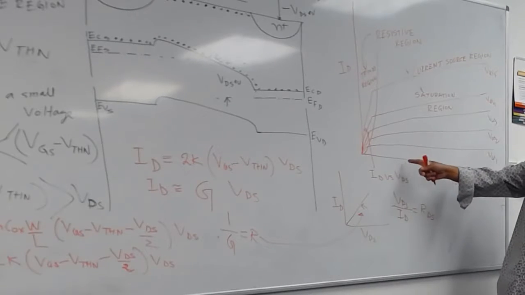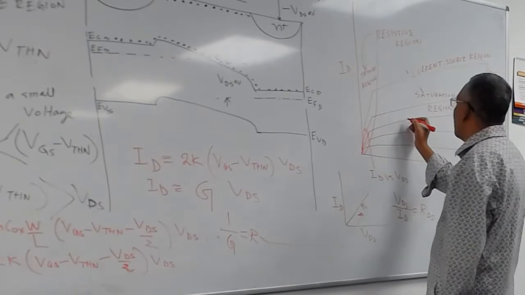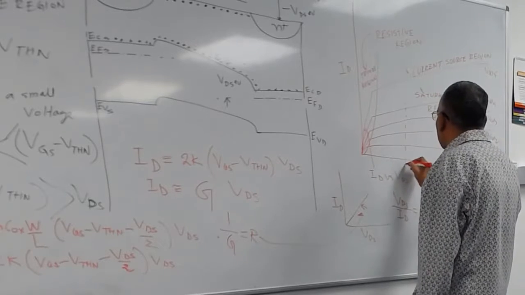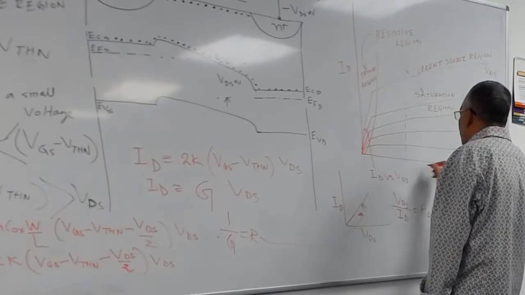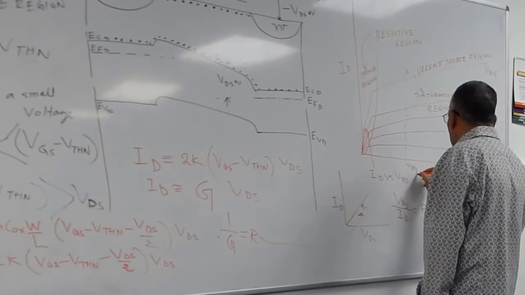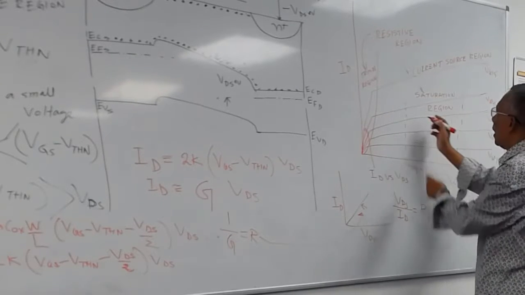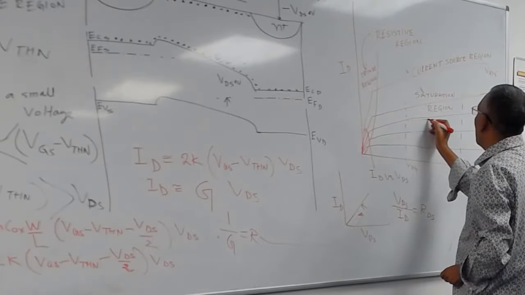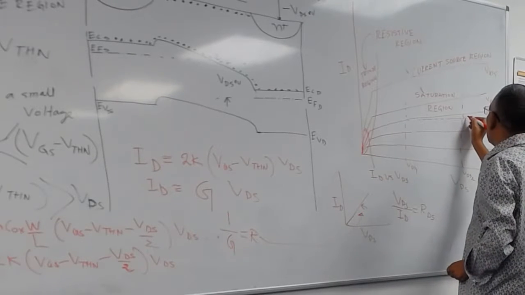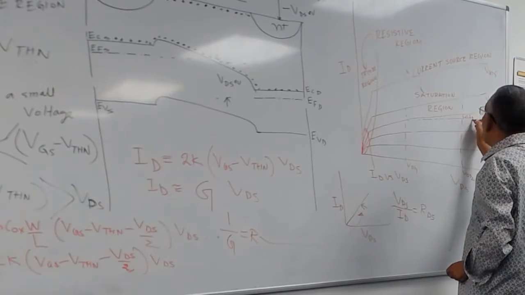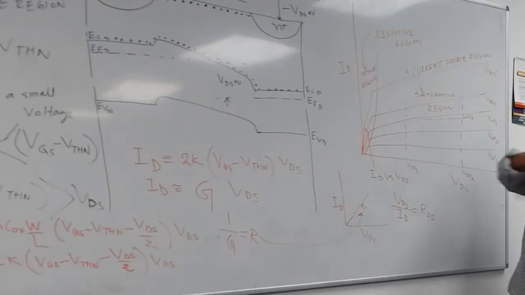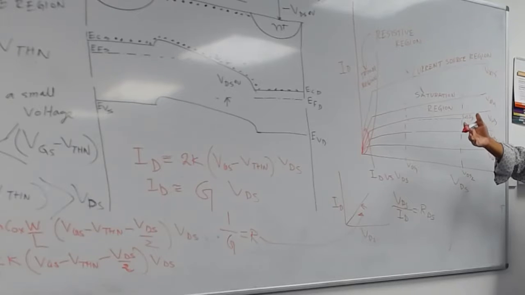In this region, if you change VDS, so you take VDS1 here and VDS2 here, you go from here to here on this line, and your current changes how much? Very little, almost flat. This is the delta ID, current source region. That means as you change the voltage, the current doesn't change that much.